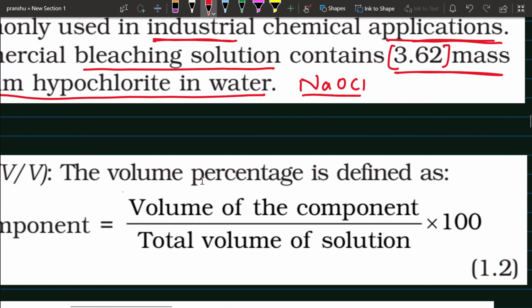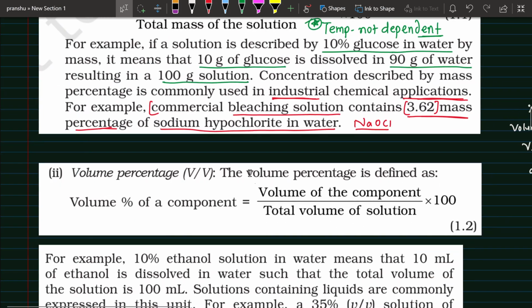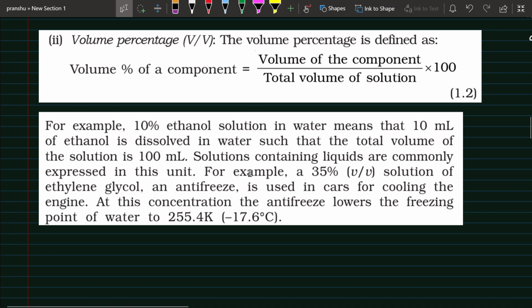So let's focus on NCERT. What we have, the 10% ethanol solution in water. It means what we have, 10 ml ethanol dissolved such that total volume of solution becomes 100 ml.